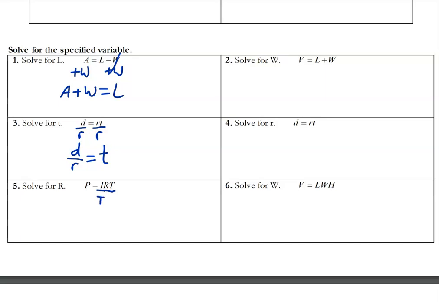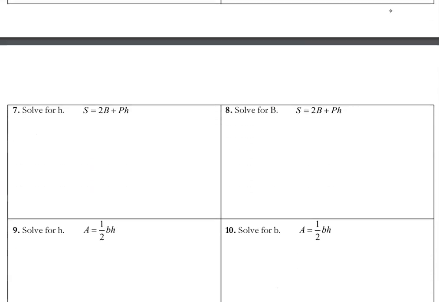You can just divide by I and t. So we get p over IT equals r. Again, your goal is just isolating whatever variable they specify on the one side. All right, so let's look at some other examples.